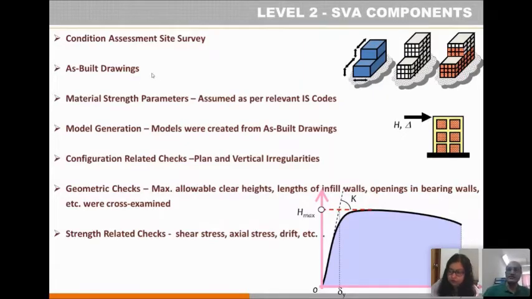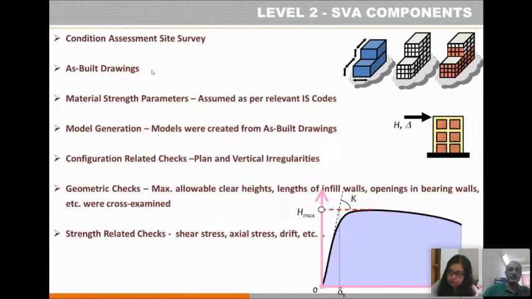Then material strength parameters need to be understood from the code as well as from the structural details and from the site observations. In this simplified vulnerability assessment, we are not focusing much on understanding the in situ material properties at this point of time, of either the reinforcement, the concrete, or the masonry if it is a load bearing structure.